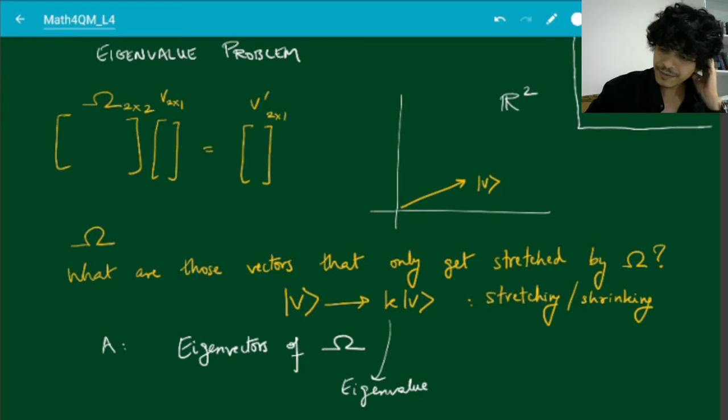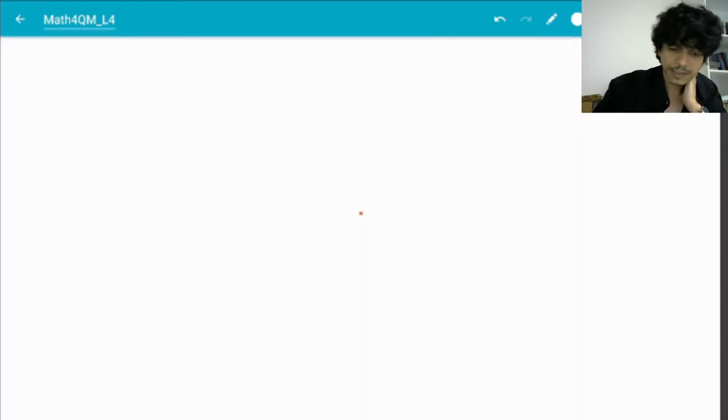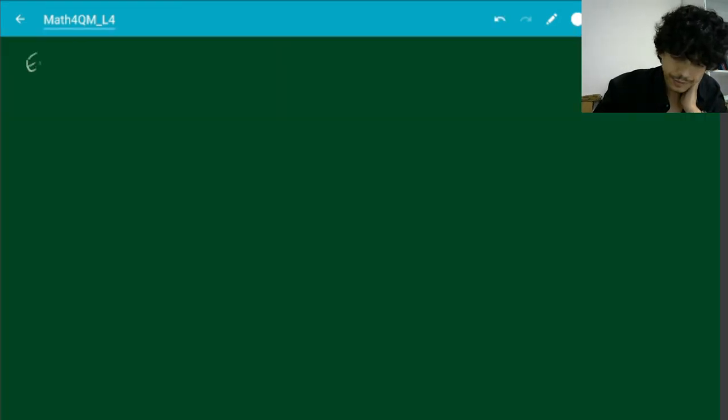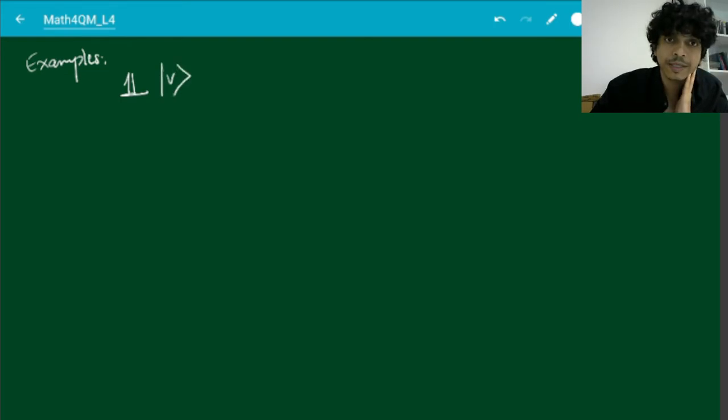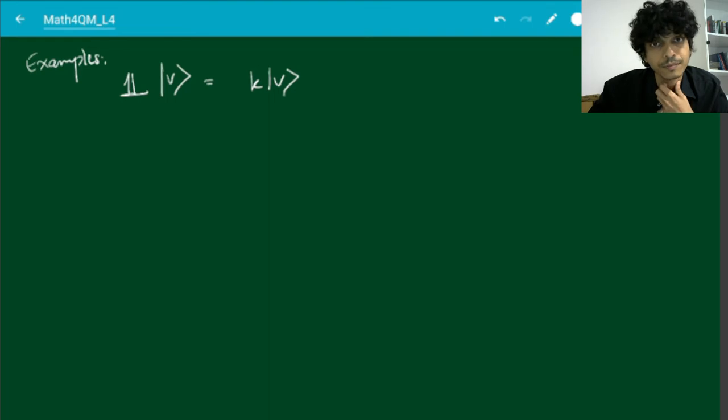So let's try and look at some simple examples. Suppose I take the operator, the simplest operator that I can think of is just the identity operator. So think about it. Do you know any vector V which, when it is acted upon by this identity operator, just gives you some constant times that same vector? Means it has only stretched or shrunk? Well, yes.